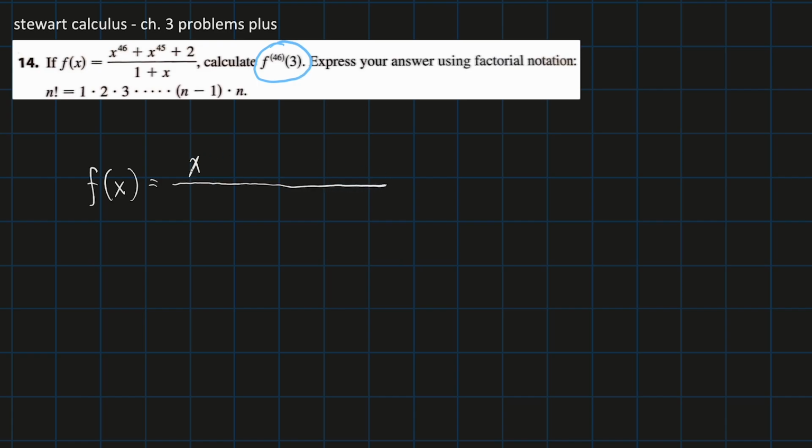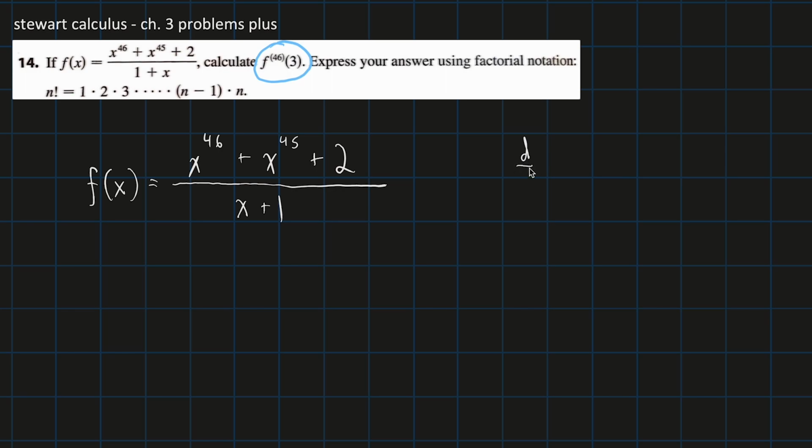So f of x is (x to the power of 46 plus x to the power of 45 plus 2) all over (1 plus x). Or I can also write 1 plus x as x plus 1. Okay. Now, you may realize that the only way to differentiate f of x is to use the quotient rule.